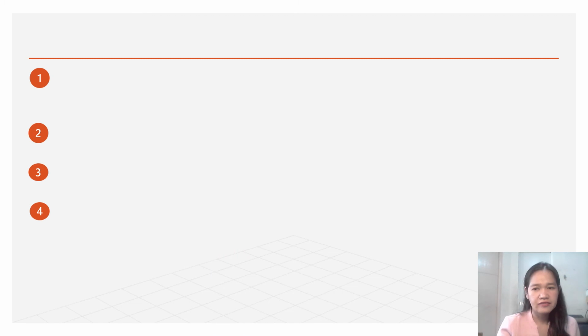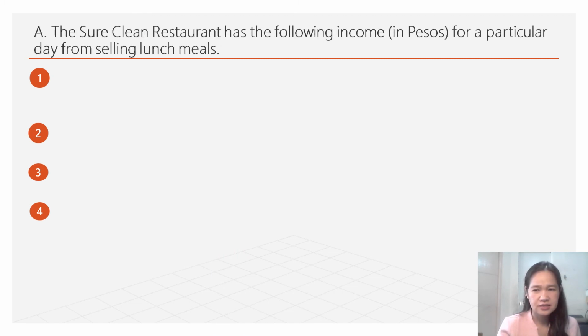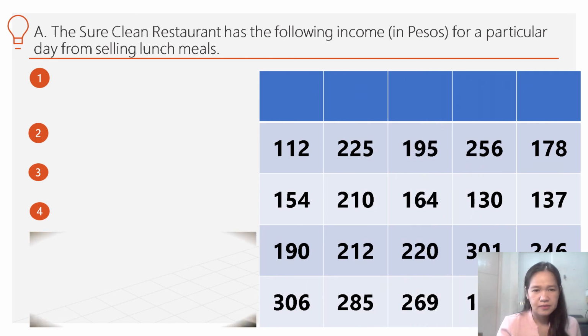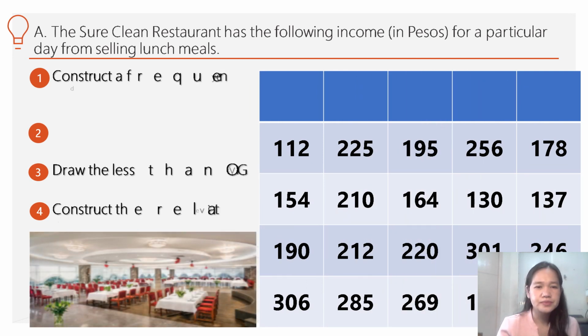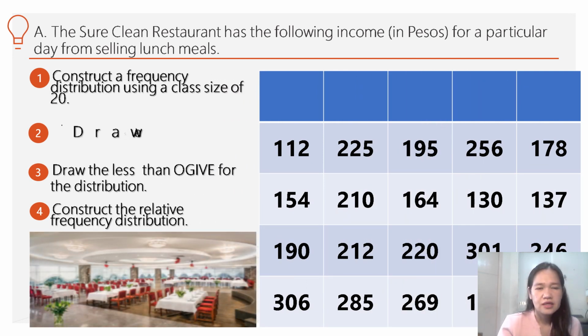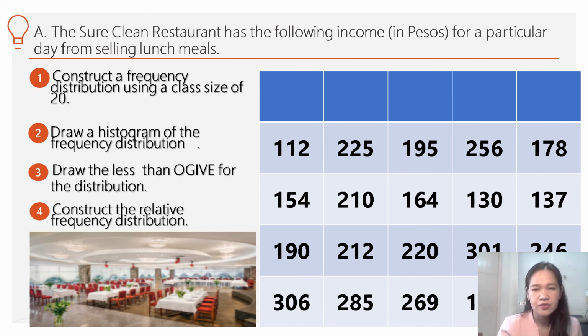So let's have another exercise. Problem solving. The Sure Clean restaurant has the following income in pesos for a particular day from selling lunch meals. From these data sets, number 1, construct a frequency distribution using a class size of 20. Number 2, draw a histogram of the frequency distribution.